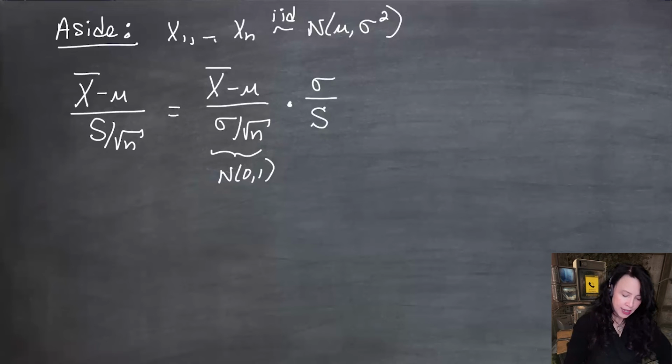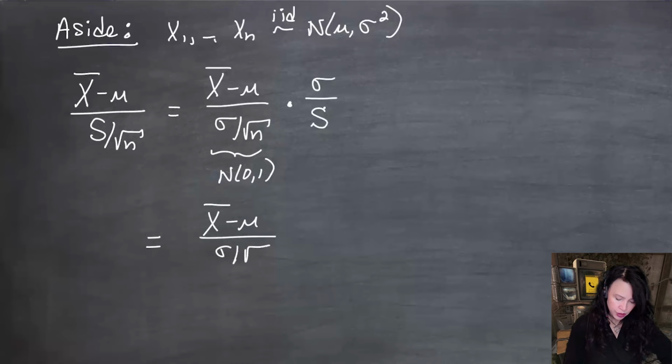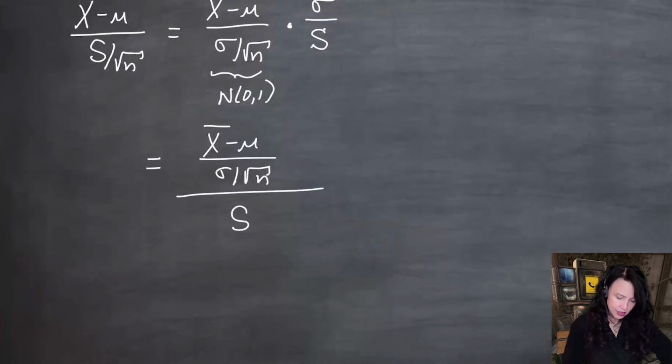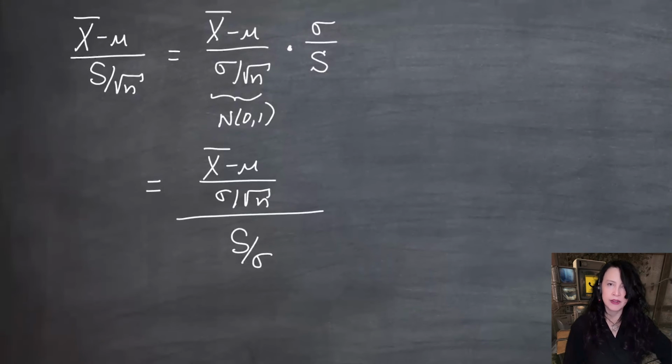Let's do a little rewriting. What if I wrote this as x bar minus mu over sigma over the square root of n, and I put s over sigma flipped over but in the denominator? Better yet, what if I put s squared over sigma squared under a square root?